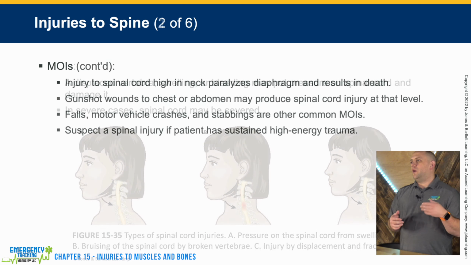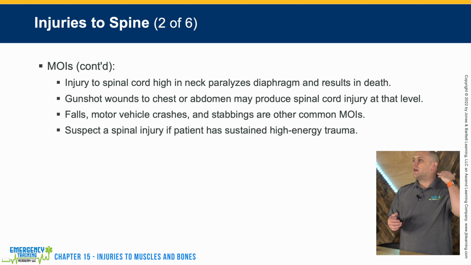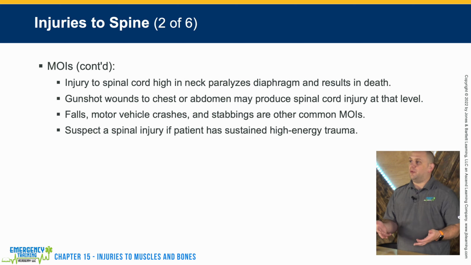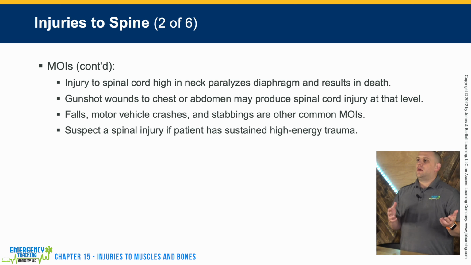Injuries to the spinal cord that happen high in the neck can paralyze the diaphragm, resulting in the inability for them to breathe and ultimately death. We can see some of these high spinal cord injuries from gunshot wounds that enter into the abdomen and travel and hit the spinal cord at that same level.